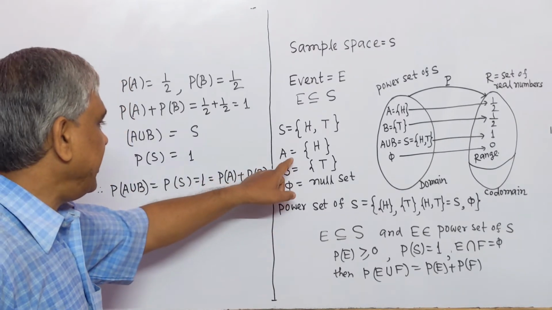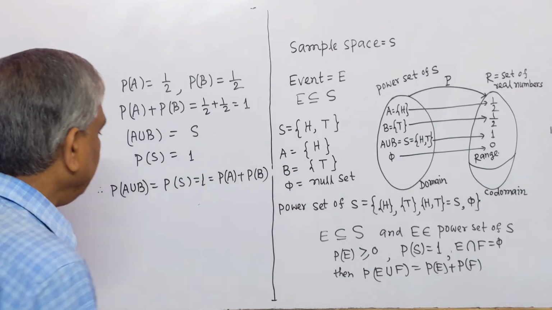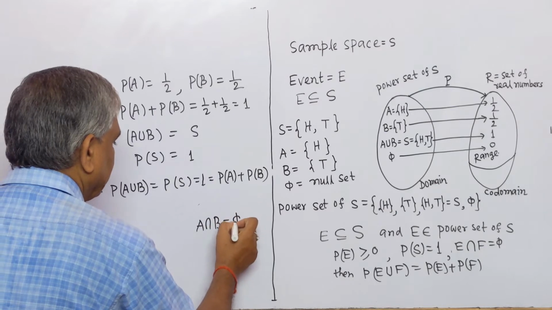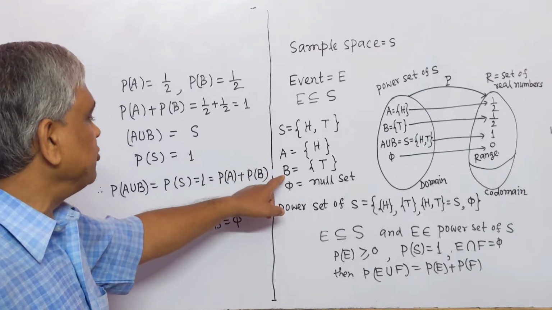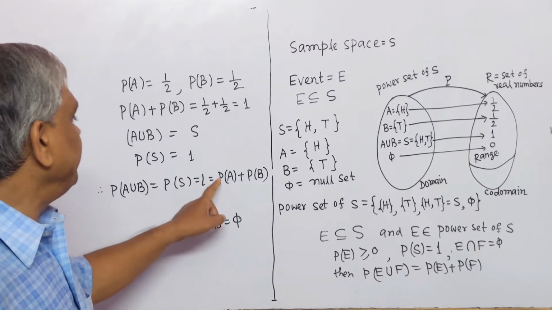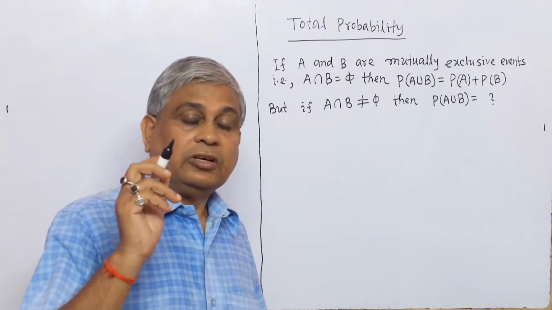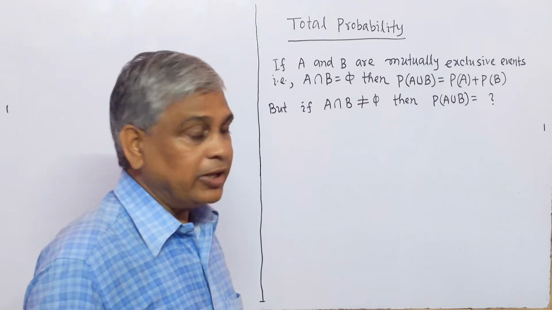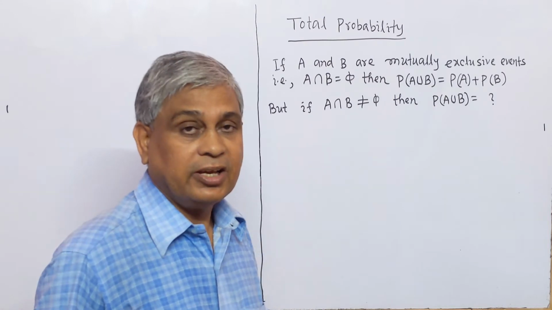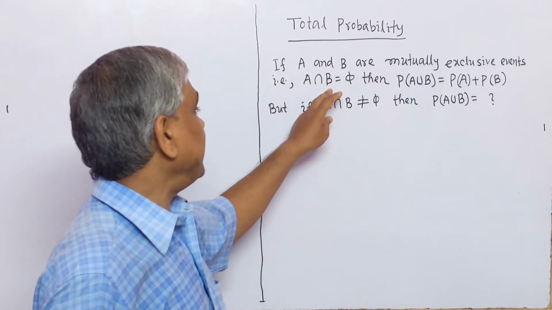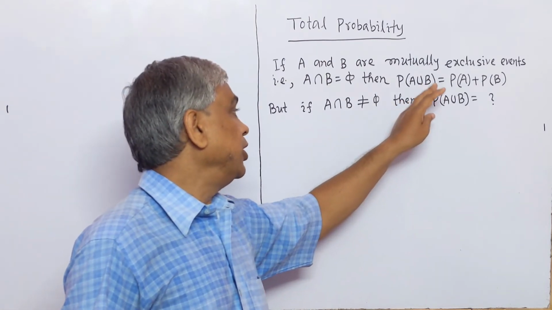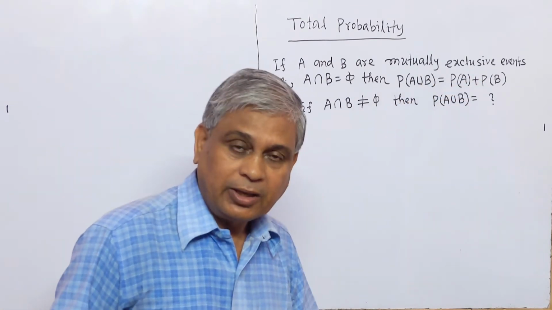Since here we see that A intersect B equal to phi, means A and B are mutually exclusive events, then P(A union B) equal to P(A) plus P(B). Just we have seen that if A and B are mutually exclusive events, then P(A union B) equal to P(A) plus P(B).